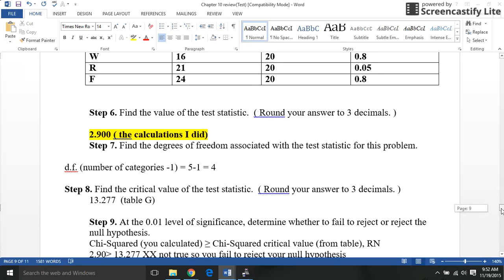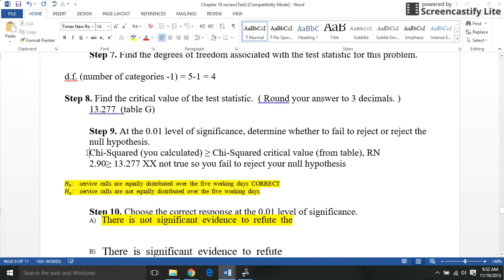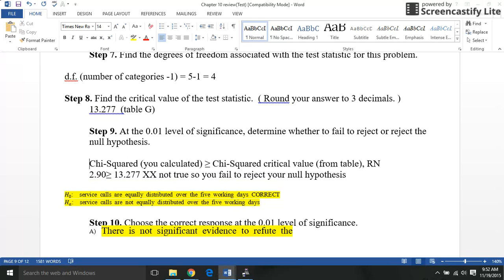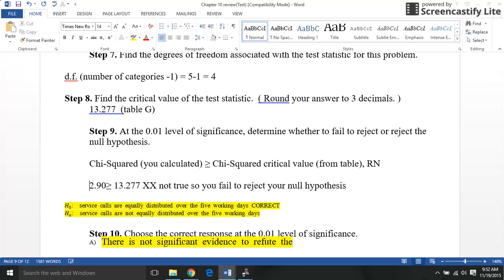All right, to conclude this, it wants me to conclude if I'm going to fail to reject or reject the null. So I'm going to compare the chi-squared value that I calculated from above, if that is greater than or equal to the chi-squared critical value from the table. If that is a true statement, you reject your null. So I look at, is 2.90 greater than or equal to 13.277?